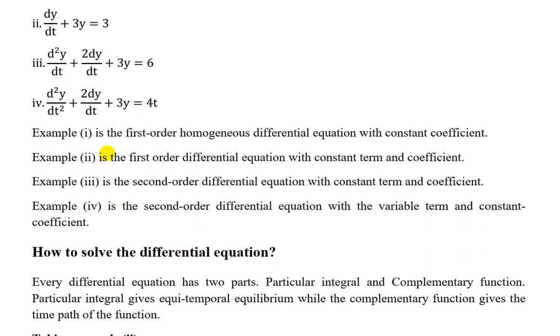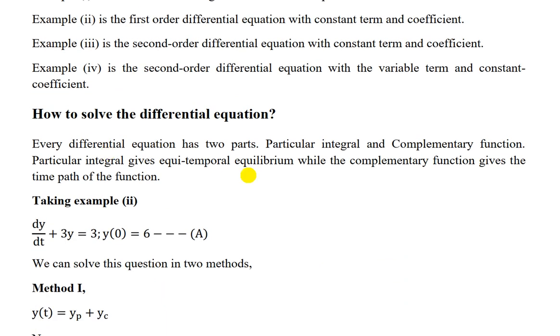After going through these examples, we will learn to solve the differential equation. In order to solve it, we can divide the whole differential equation into two parts: the particular integral and the complementary function. The particular integral gives us the intertemporal equilibrium, meaning that if the time series is convergent, the point up to which it converges is given by the particular integral.